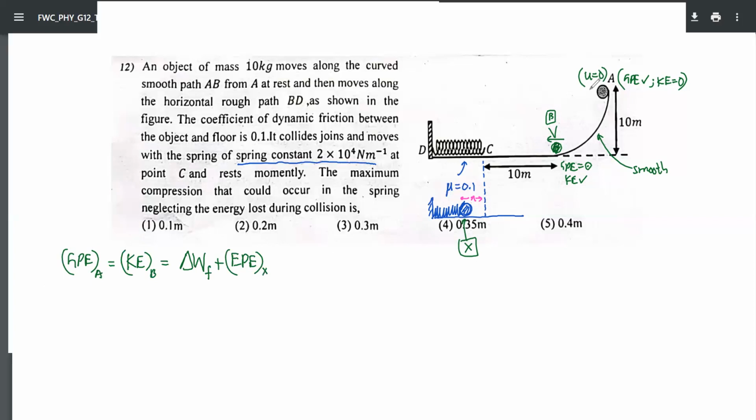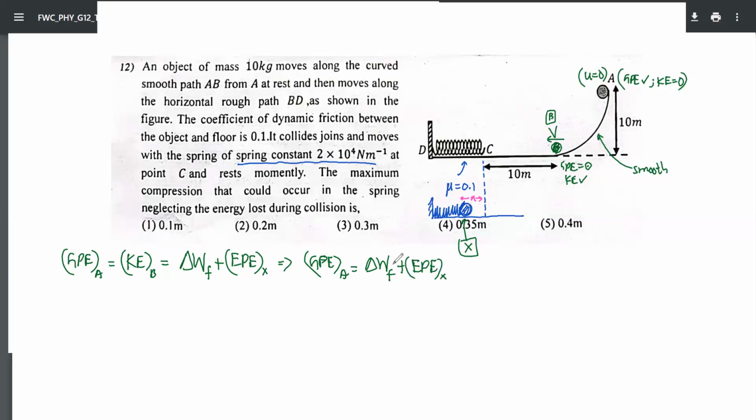Okay. At this point, it has potential energy. All that potential energy will be converted to kinetic energy. And all this kinetic energy, when the object comes to point x, is converted to what? Work done against friction and the elastic potential energy stored in the spring. So gravitational potential energy at A is equal to work done due to friction plus elastic potential energy at x.